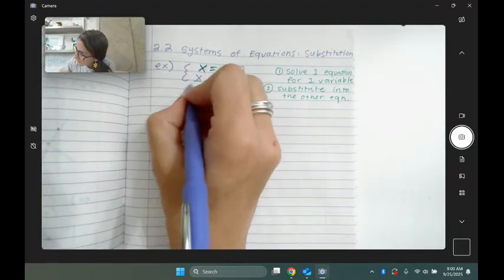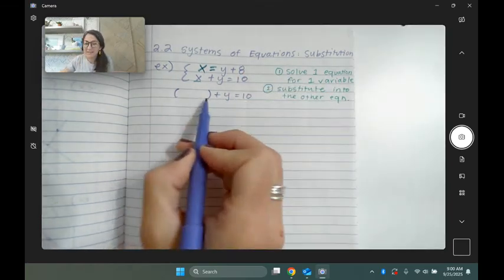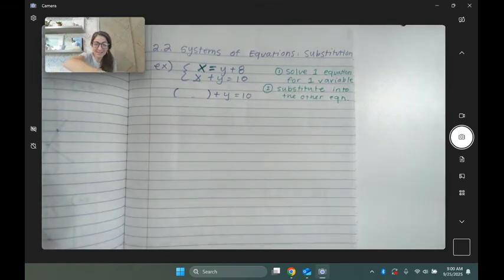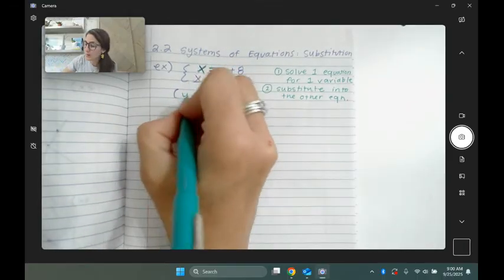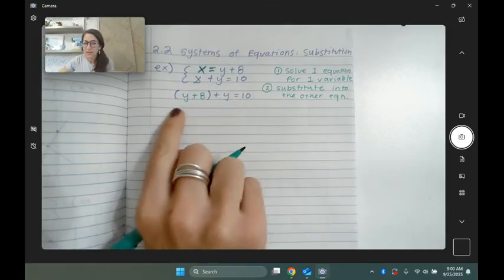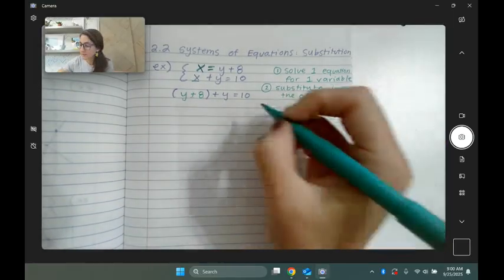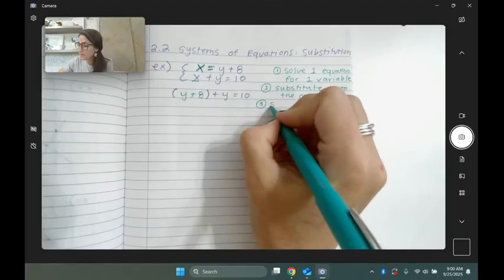So here, I'm going to write x plus y equals 10. But instead of x, I'm going to write what x is equal to, y plus 8. The benefit here is there's only one variable that I'm solving for now. Y is the only one. Solve.